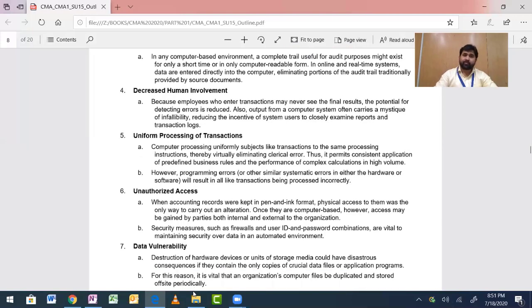Decreased human involvement: obviously with all these databases and data governance, there is less human involvement and fewer chances of error. Uniform processing of transactions: since we are talking about input and processing of the transaction, the input and the processing have to be uniform.